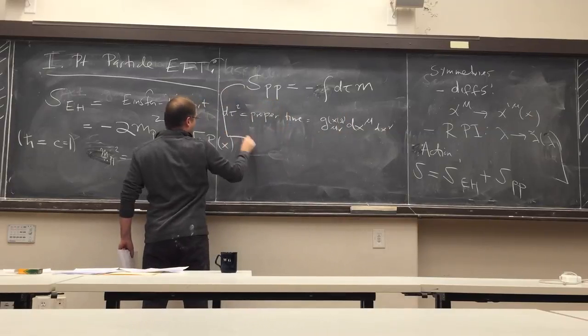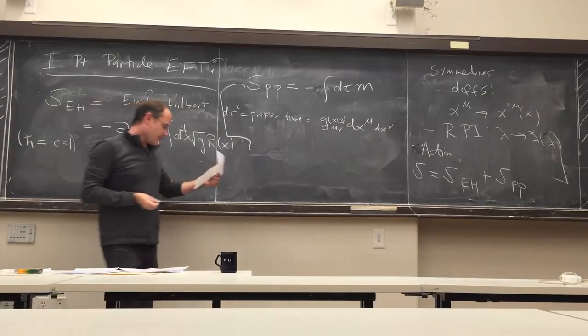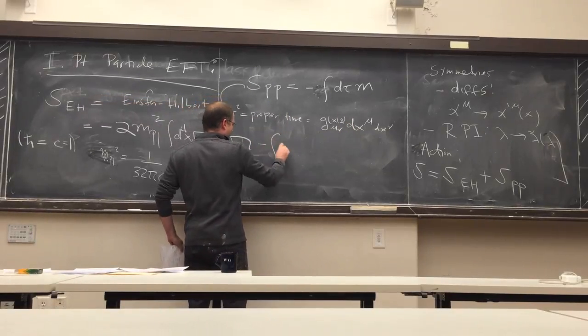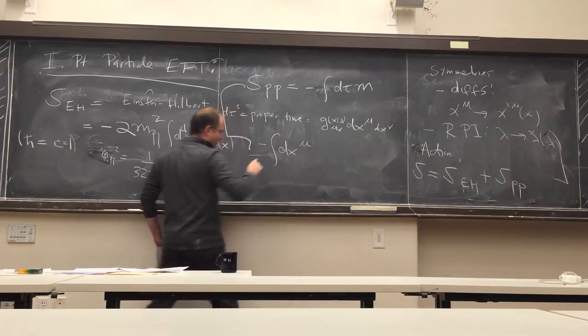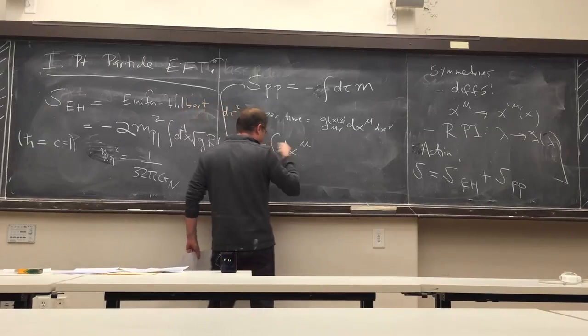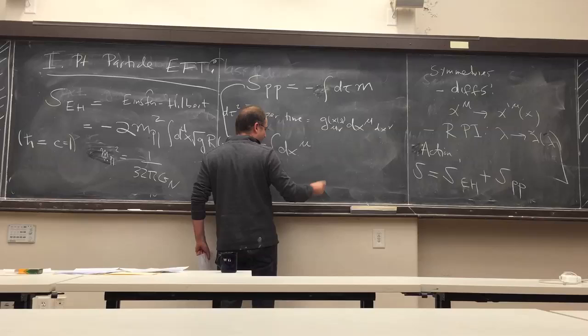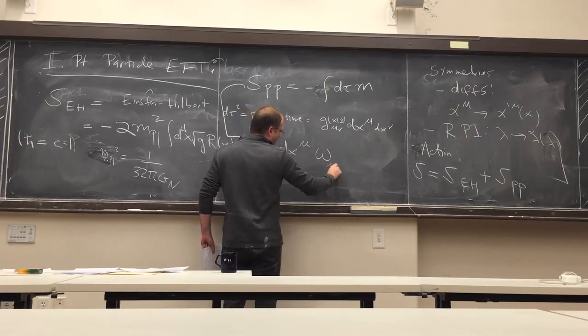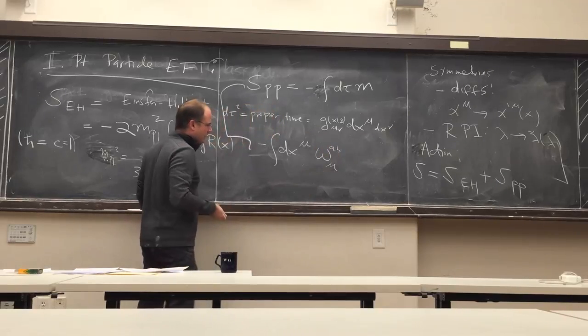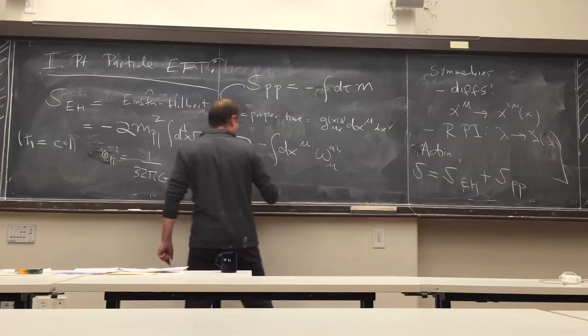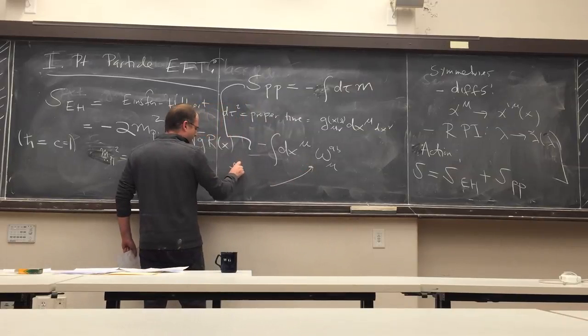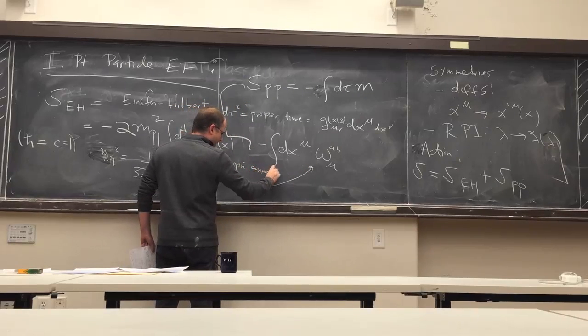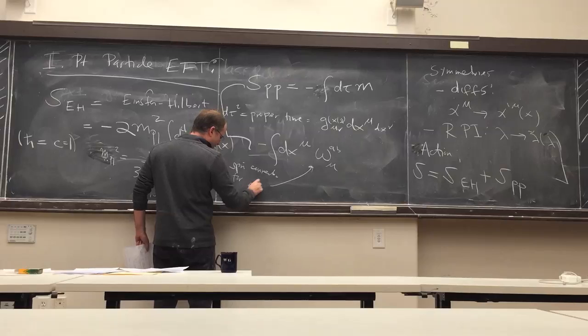That's that. And then after that, there's terms that describe, for instance, how the spin couples to gravity, and also how the spin precesses, so the kinetic term for the spin. It involves something called the spin connection, which is a spin connection that you derive from the frame for this frame.